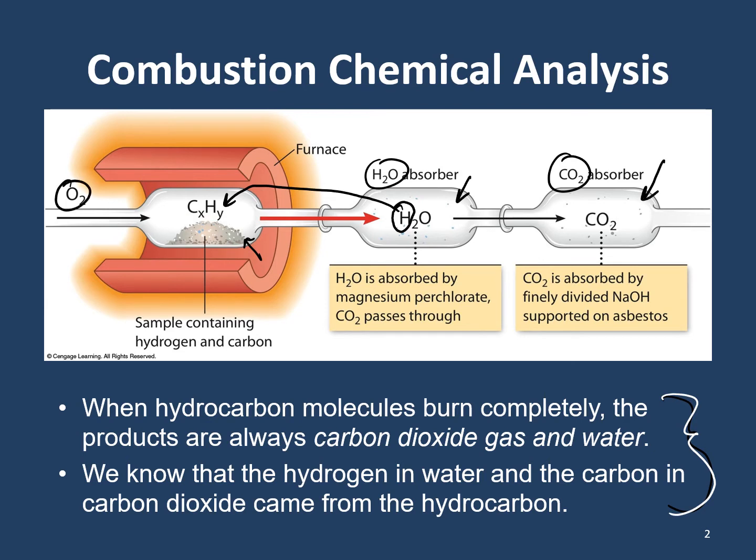Because oxygen doesn't contain any hydrogen. The same thing is true of the carbon in CO2. All the carbon in CO2 had to come from our unknown. We can use this relationship to figure out how many moles of carbon and moles of hydrogen were originally present in the unknown compound. Then, once we have moles of both, we can determine the empirical formula. So let's do an example of that in a second.